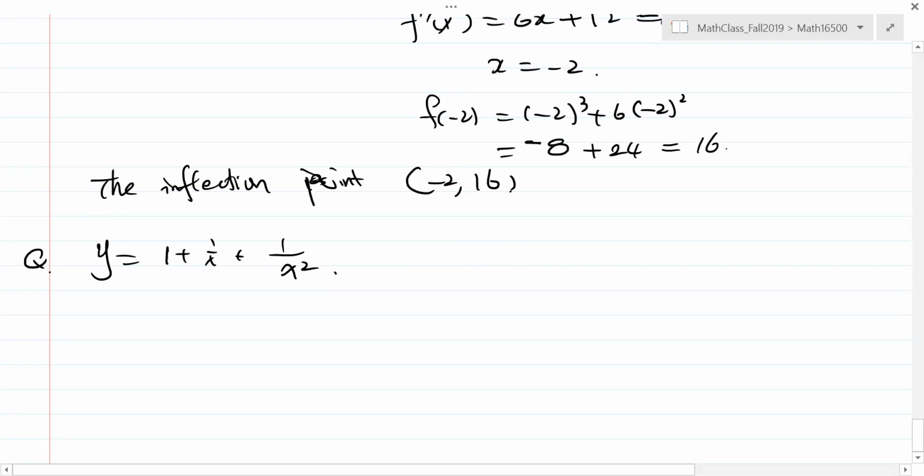I can sketch the graph without finding the derivative. First of all, intercepts, right?